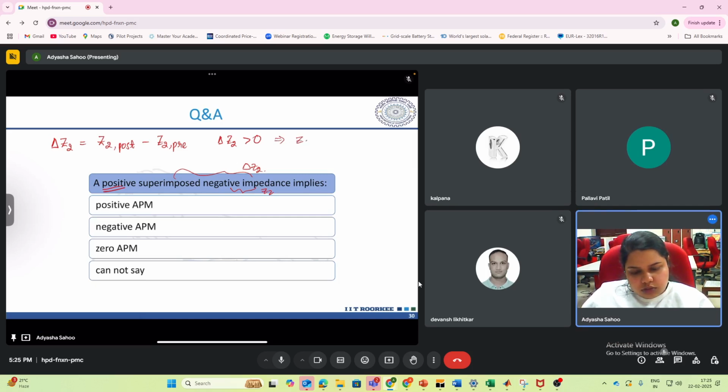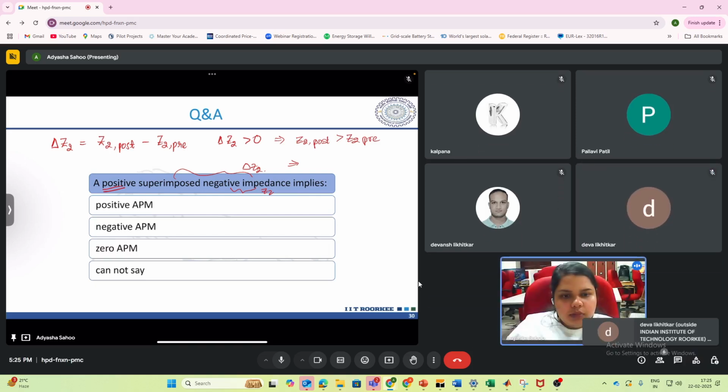That means your Z2 post fault is greater than your Z2 pre fault, right? So that will imply V2 post fault is greater than V2 pre fault. So that means whether it is over voltage or under voltage.